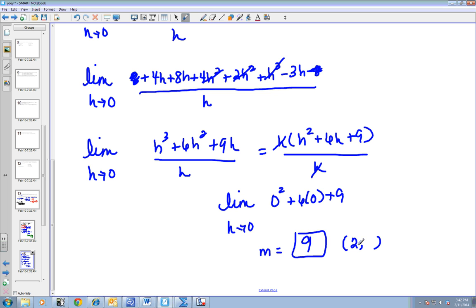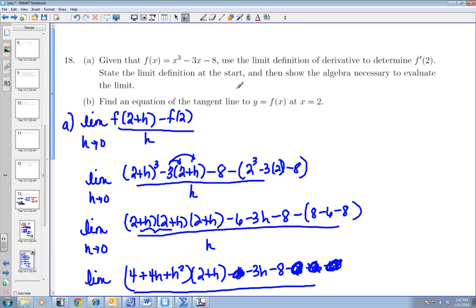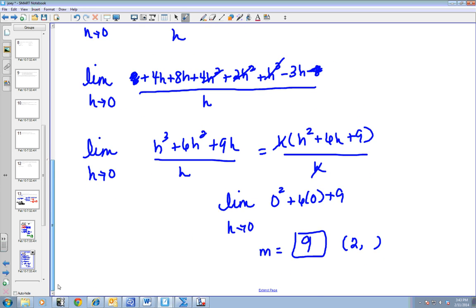I can find out my y value by plugging 2 into the original equation. So when I plug 2 in, I get 2 cubed minus 3 times 2 minus 8. So that's 8 minus 6 minus 8. So I get negative 6.